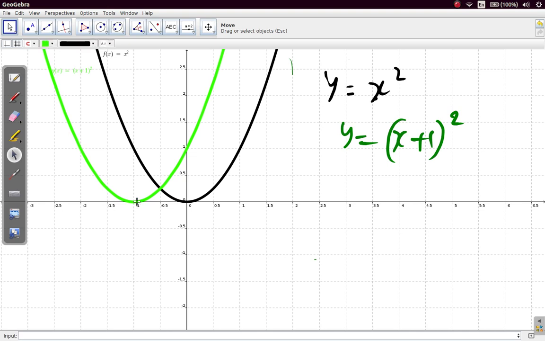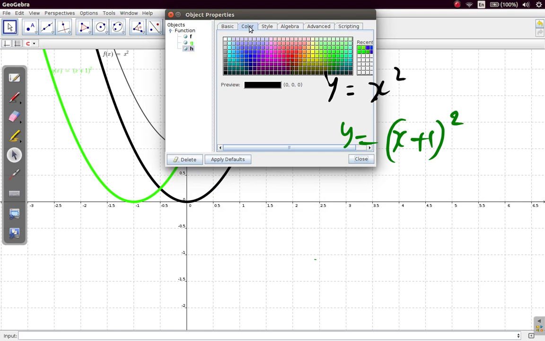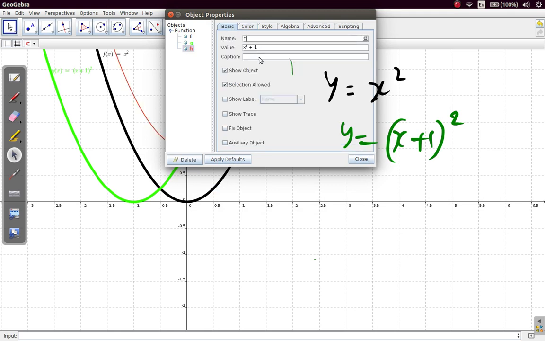Let's put back y equals x squared plus 1. If we have x to the power of 2 plus 1, x squared plus 1 moves the graph upwards 1 unit. Let me put x squared plus 1 in red, just for comparison, right?